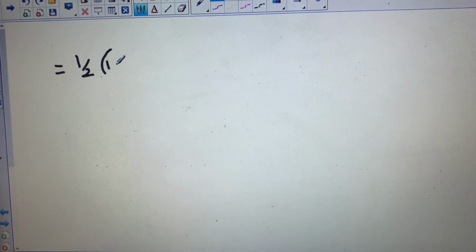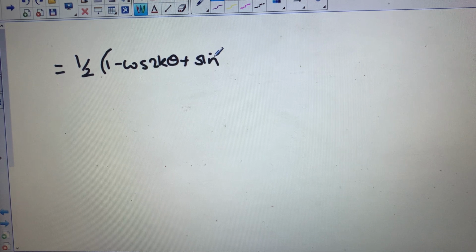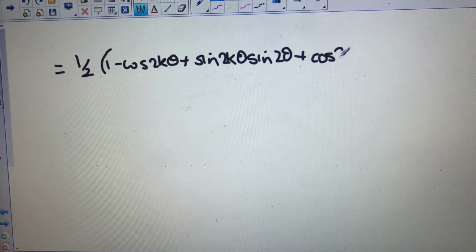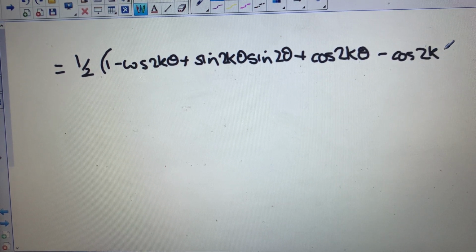So I've got 1 minus cos 2k theta plus sine 2k theta sine 2 theta plus cos 2k theta minus cos 2k theta cos 2 theta, all over sine theta.